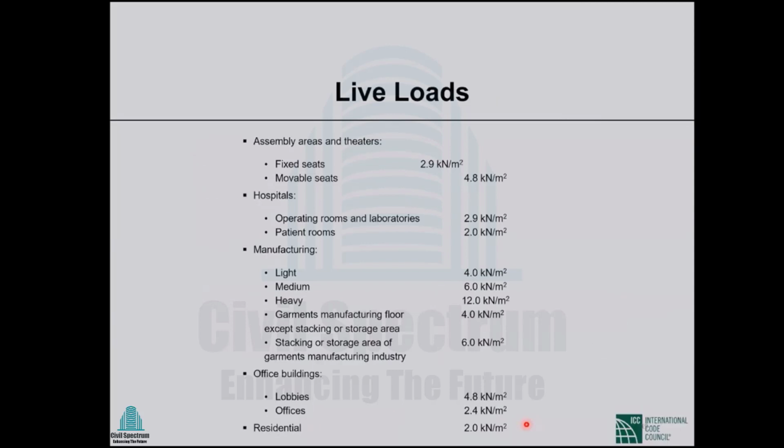We know that in the previous version of the building code, there was a table mentioning loads for each type of occupancy. By occupancy type, I refer to the architectural classification of occupancy, for example, residential building, institutional building, or industrial building. For those occupancy types, the recommended live loads were mentioned in the previous version of the code.